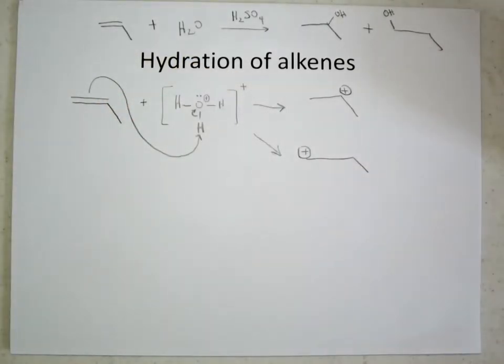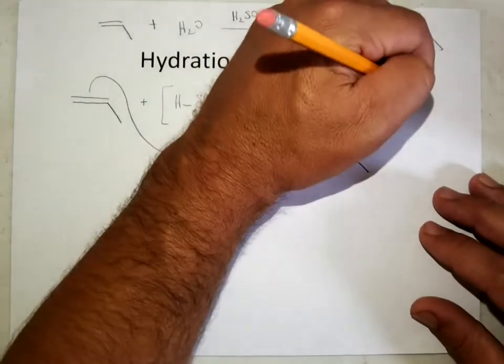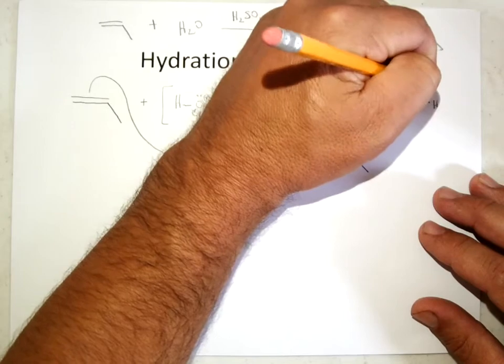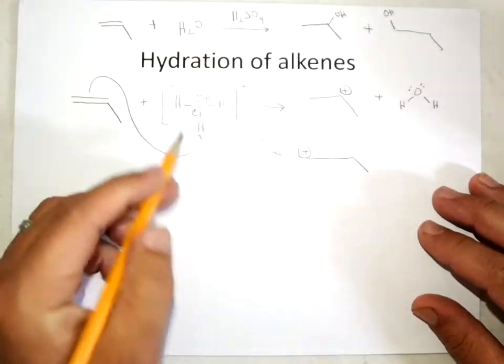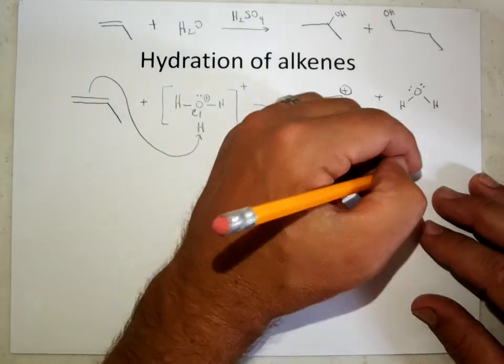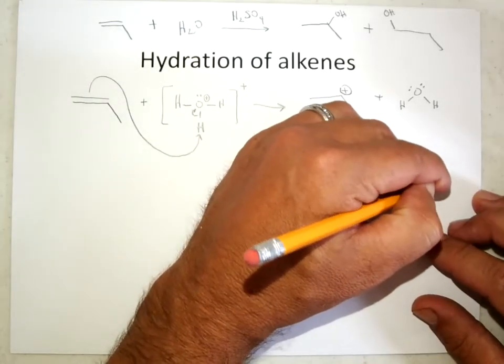So protonation of an alkene to give a carbocation intermediate is the first step in this addition reaction, and that's going to produce some water as a byproduct. So after the H3O+ loses its H+, you end up with some water.